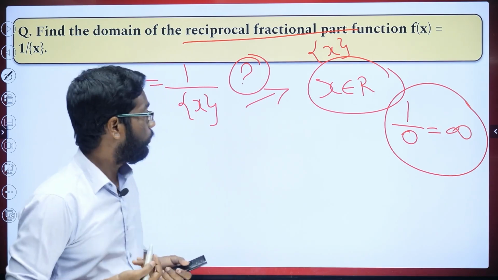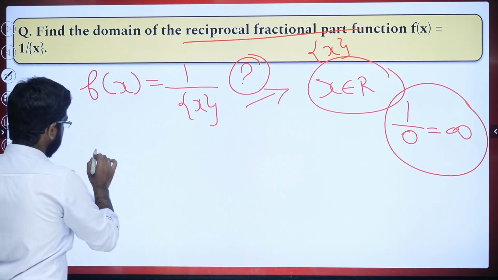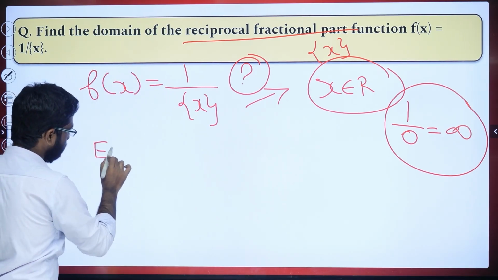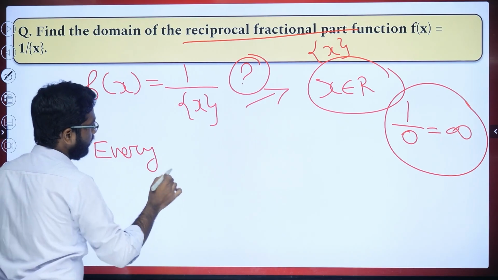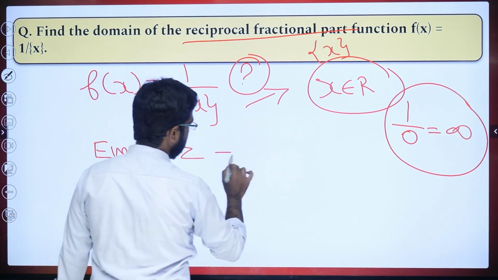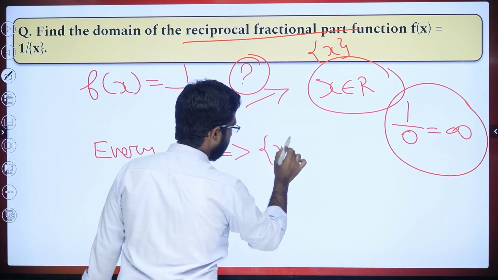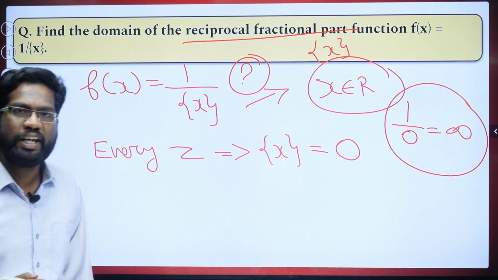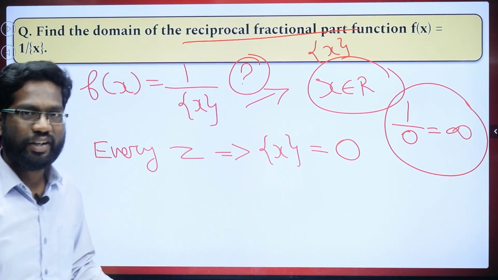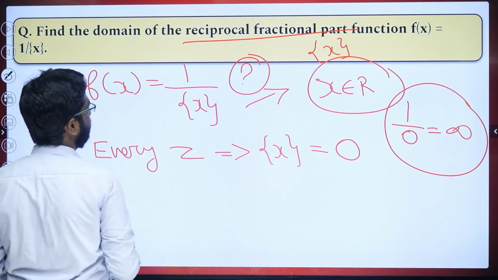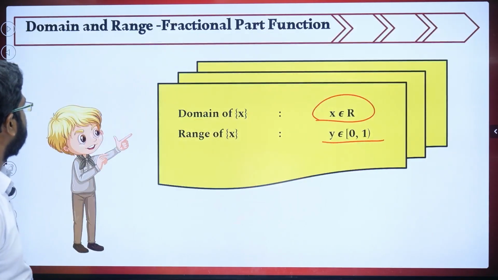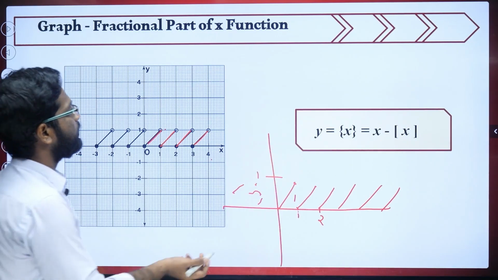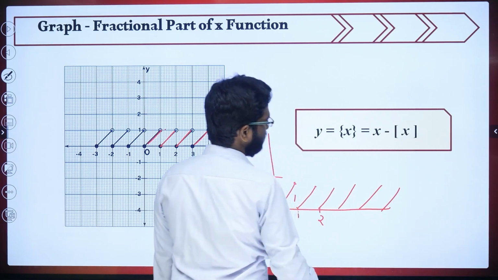I know that for every integer the fractional part function will become 0. Are you agreeing, my dear students? That's right, because the fractional part function is x minus the greatest integer of x.